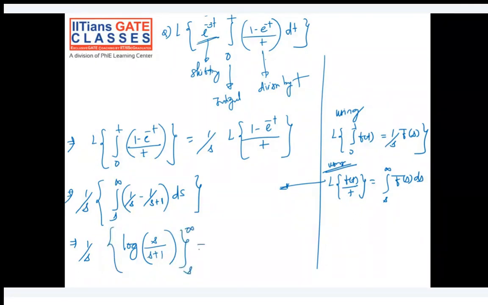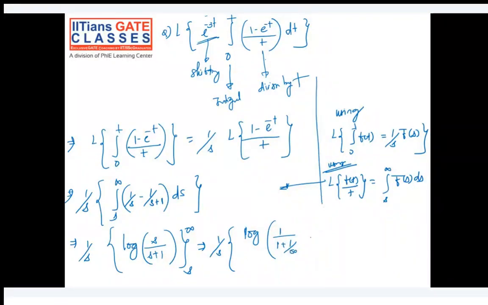When you put infinity, what will happen? You can write it as log of 1 divided by 1 plus 1 upon infinity, right? If I bring this s to the denominator, minus log to the base e of s divided by s plus 1 using the lower limit.